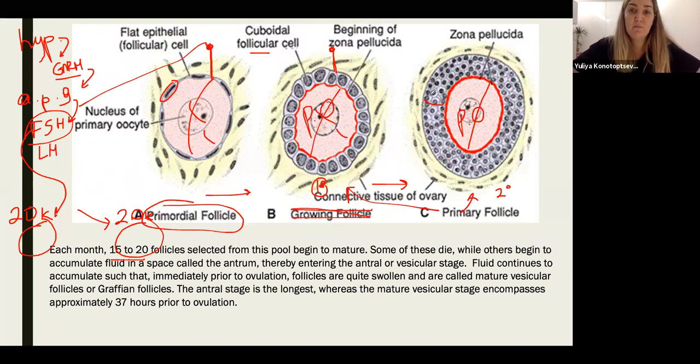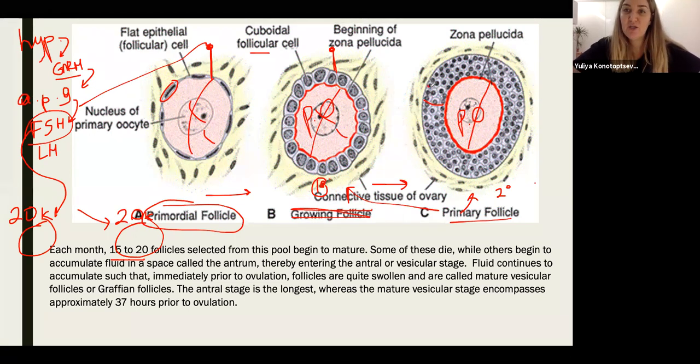So I repeat, the main difference between the first stage and the second stage of the primary follicle is the epithelium of the follicular cells. In the first stage, it is simple cuboidal. In the second stage, it is stratified cuboidal follicular cells.